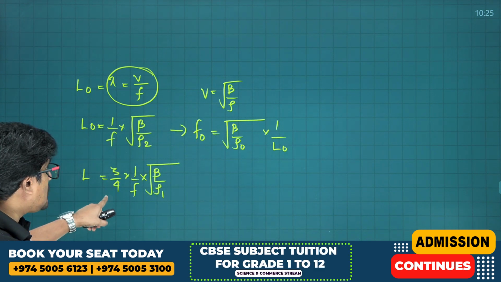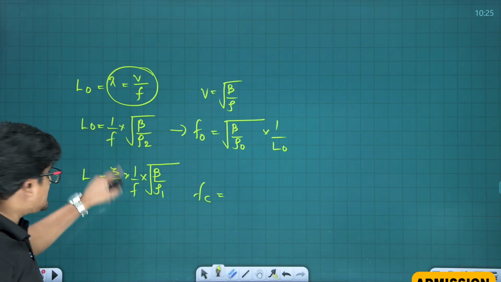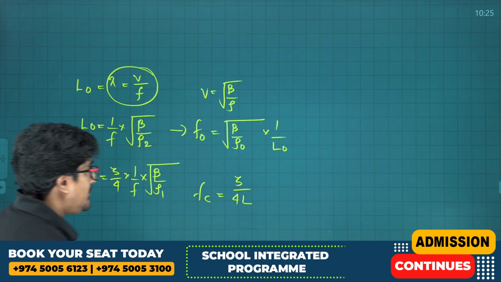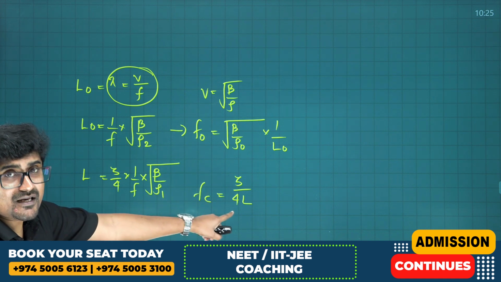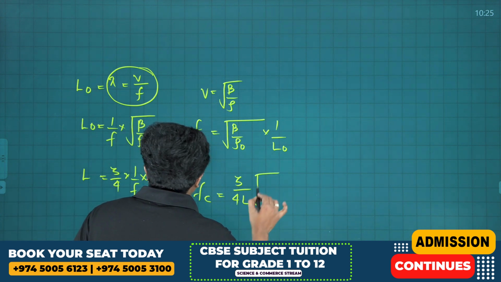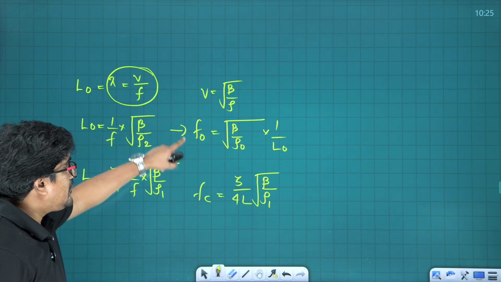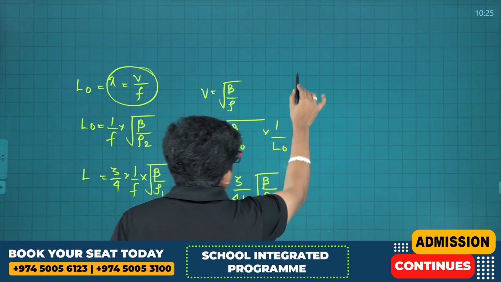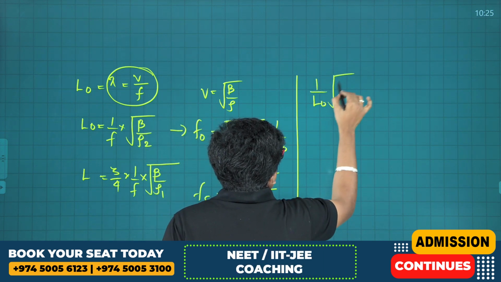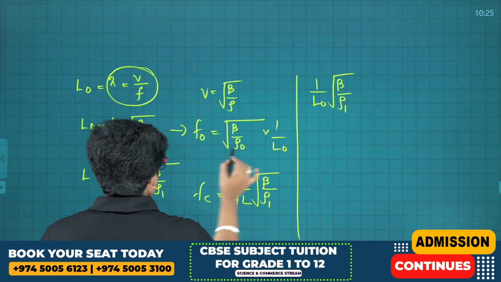And for the closed one, FC is, rearranging this, 3 divided by 4 times L, under root of beta upon rho 1. We know that this frequency is the same, that means I can equate these two. So here this is 1 upon LO into root of beta divided by rho 2.